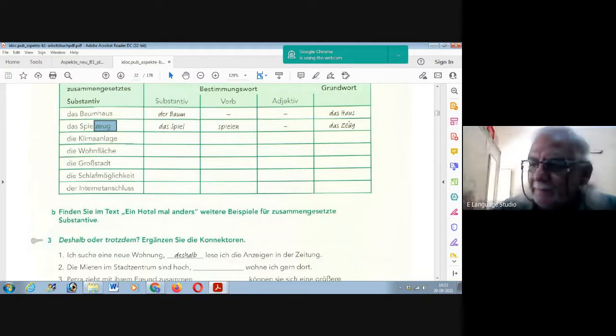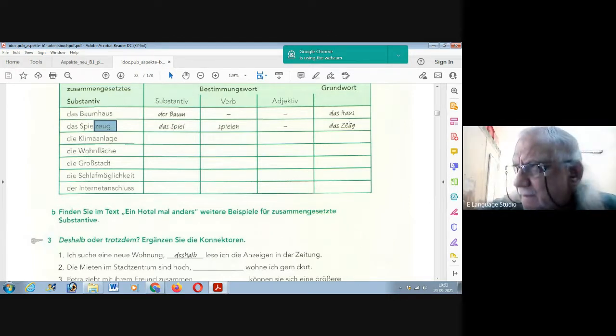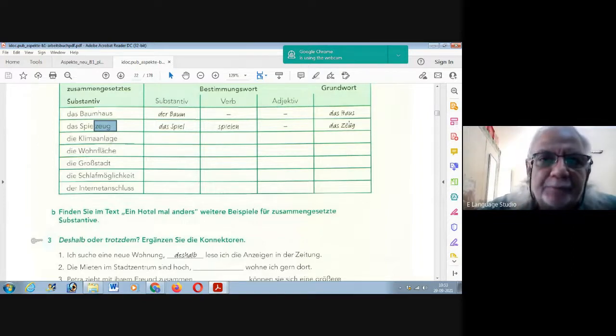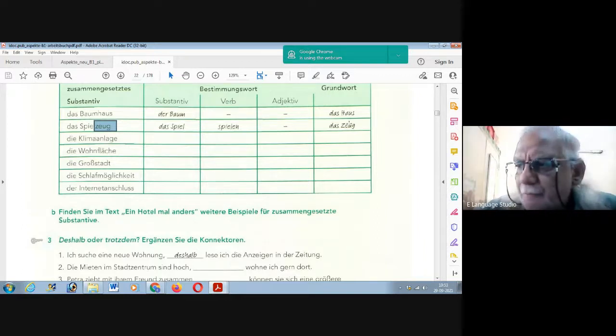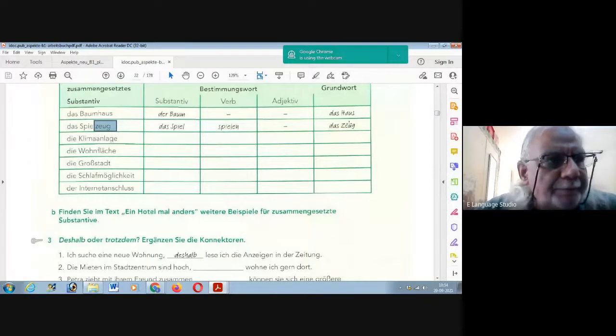One of the longest words in German starts with Donaudampfschifffahrtskapitän's something something Gesellschaft. It's about 83 or 84 letters. So it's the trade union of the group of captains going by ship on the river Danube.